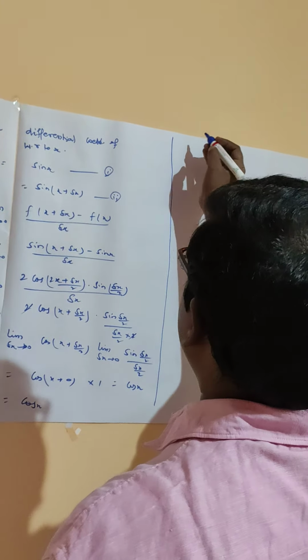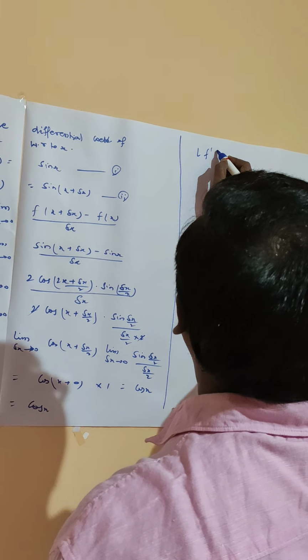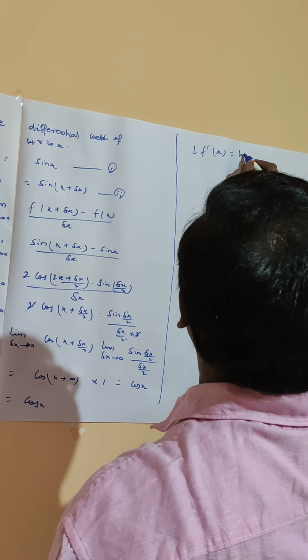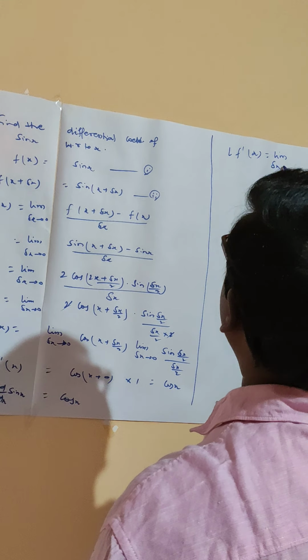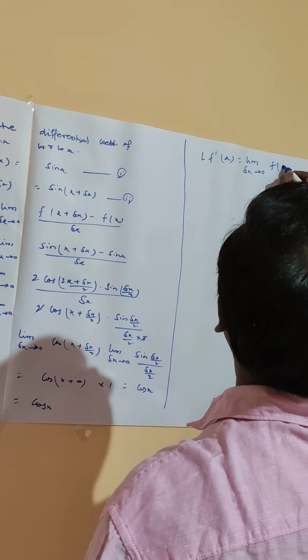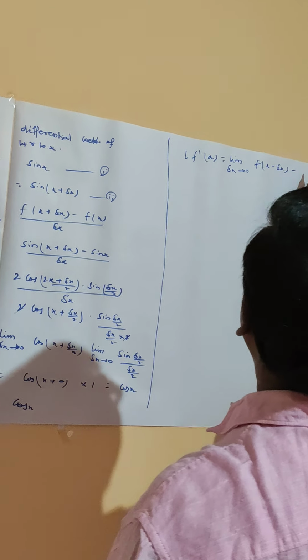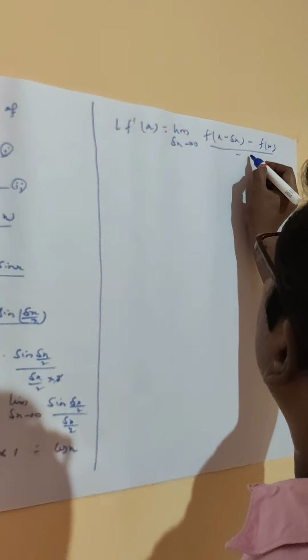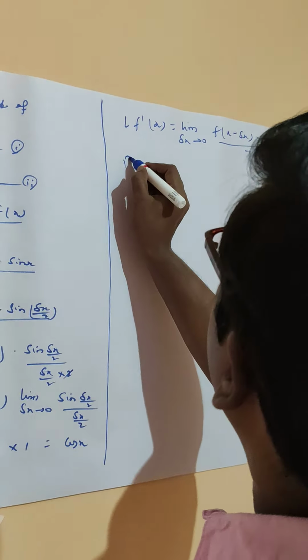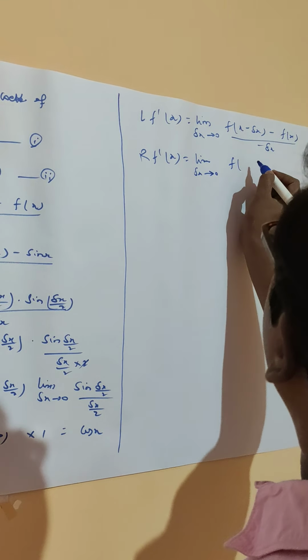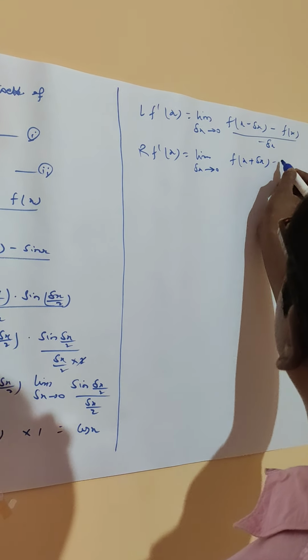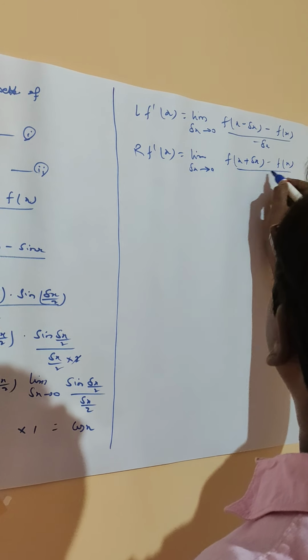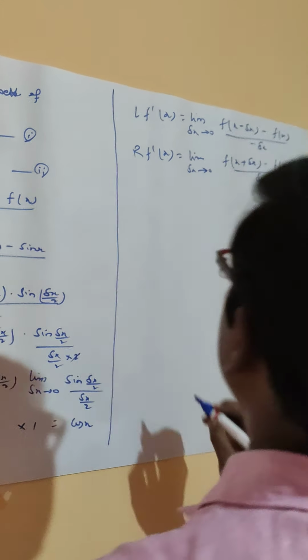Here we have seen the left hand derivative is limit delta x tends to 0, f of x minus delta x minus f of x divided by minus delta x, and the right hand derivative is limit delta x tends to 0, f of x plus delta x minus f of x divided by delta x.